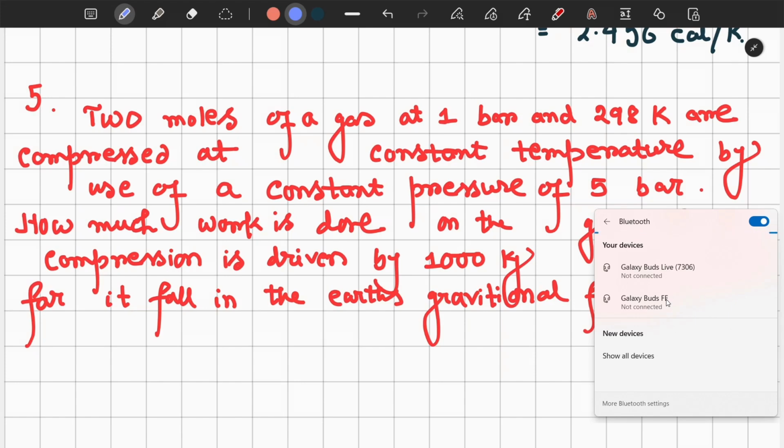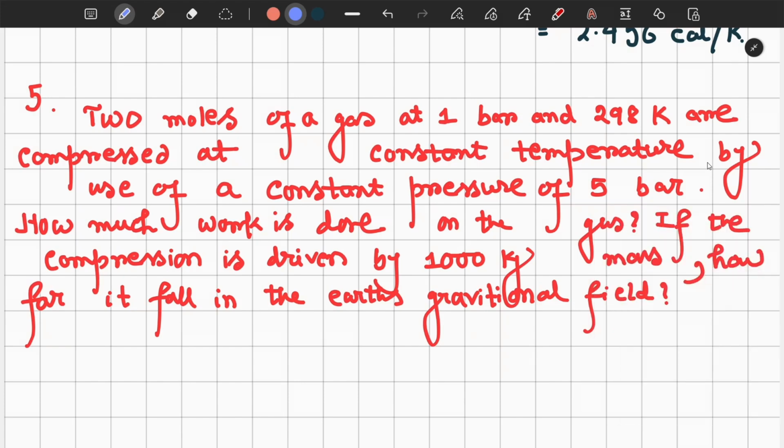So how much work is done on the gas? This is the first part of the question. And the second part is, it falls in the Earth's gravitational field. That's the question.